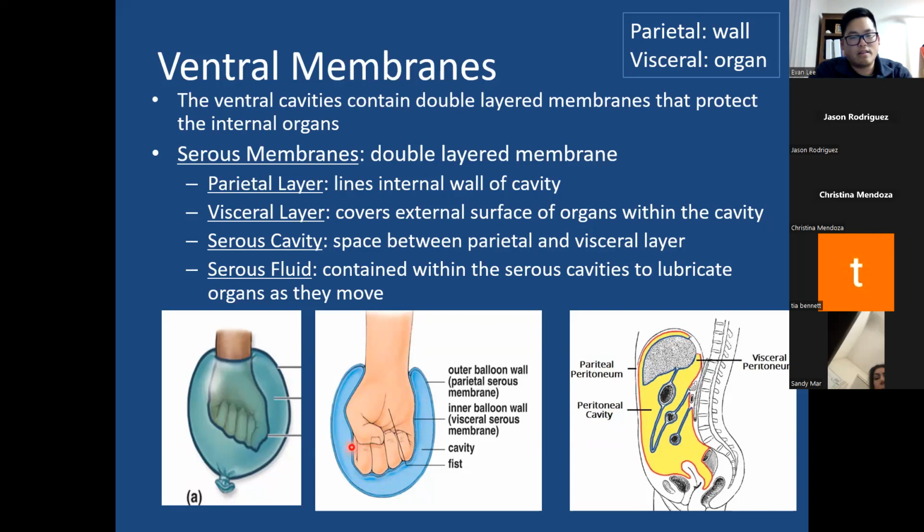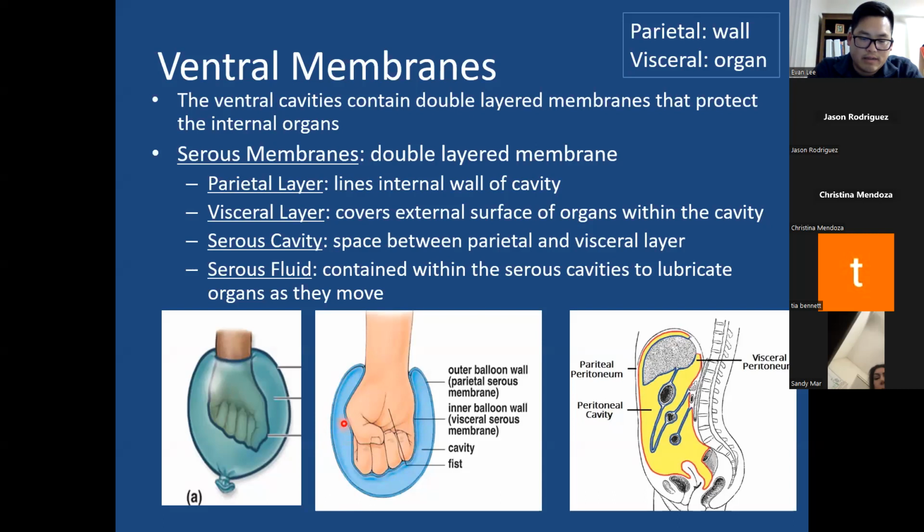This is called the visceral layer. And then there's an outer layer that is not touching the hand. This, in this case, is along the outer wall of the cavity, called the parietal layer. So parietal layer here is going to be the outer layer. Visceral layer here is going to be the inner layer.